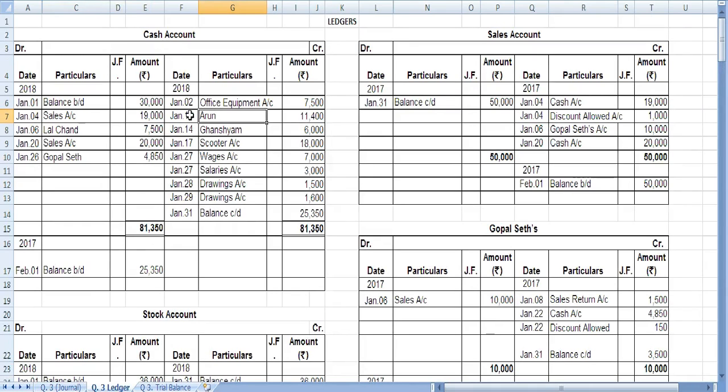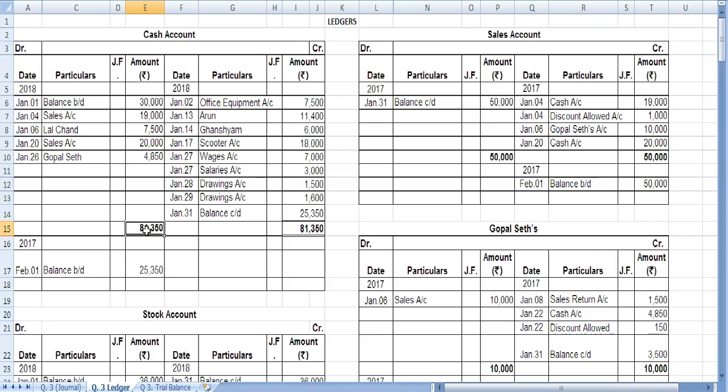So here in the cash account, we have the following postings. Then what we'll do is find the balance c/d. We'll add both sides and find out which side is greater. This side we are getting 81,350, and this side till here 56,000.